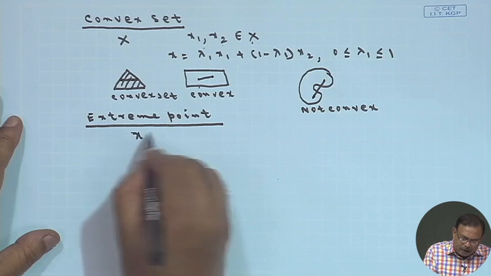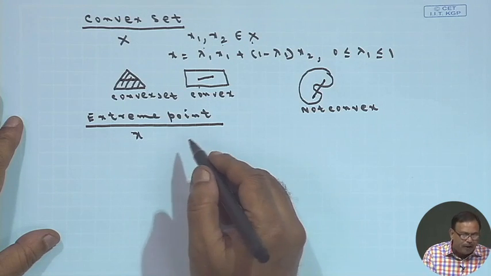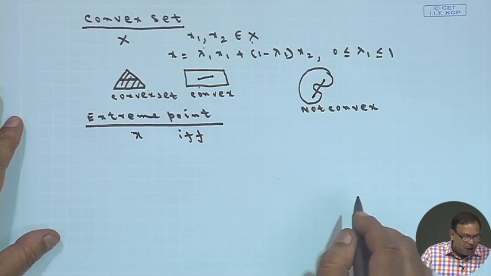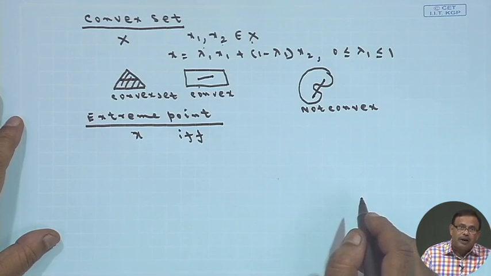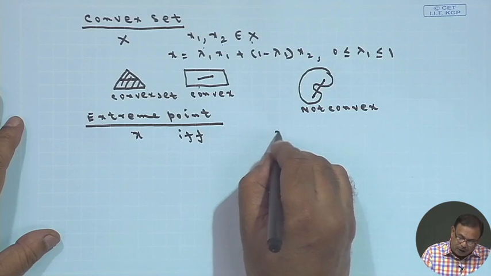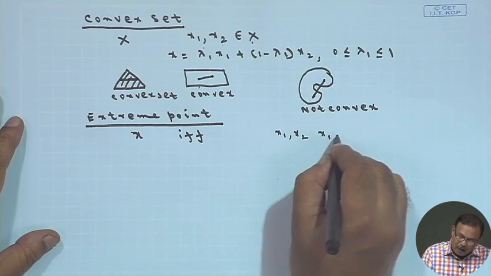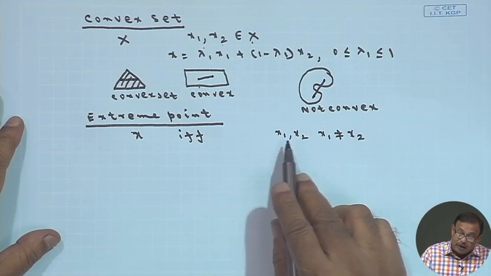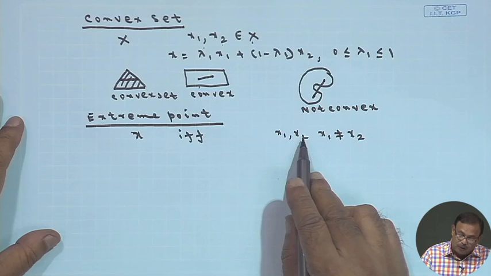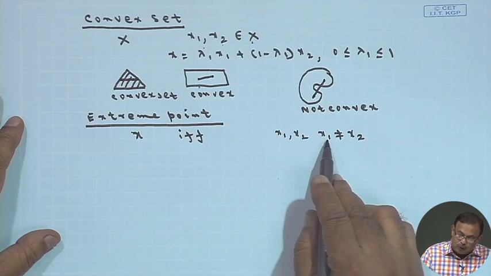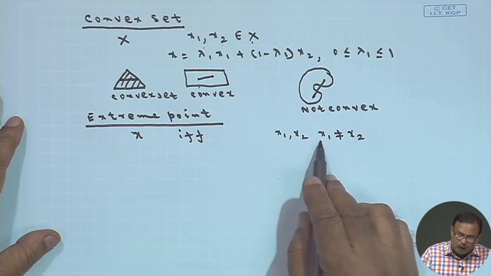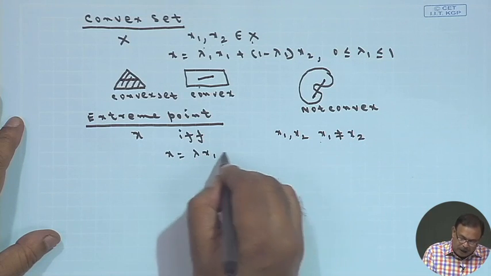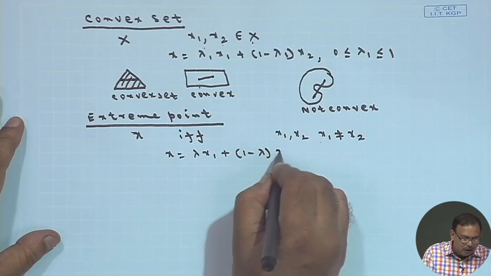A point x is said to be an extreme point of a convex set if and only if, please note this one, there does not exist any 2 points x1 and x2, where x1 is not equal to x2, in the set, such that x equals lambda x1 plus 1 minus lambda into x2.